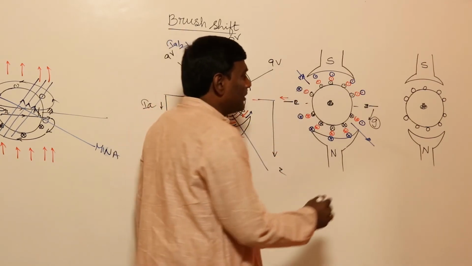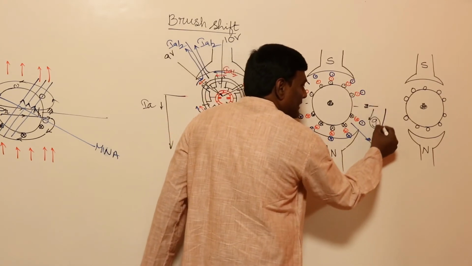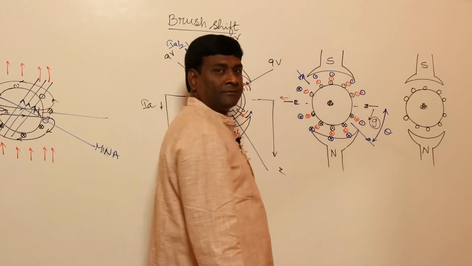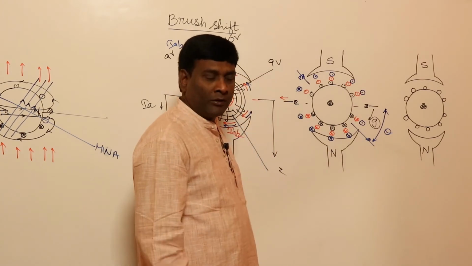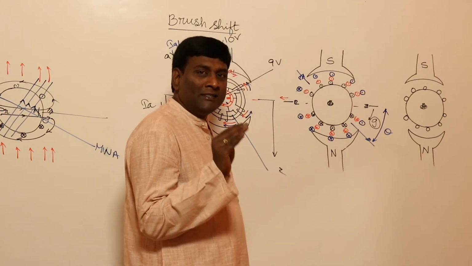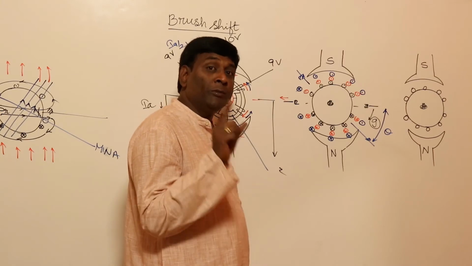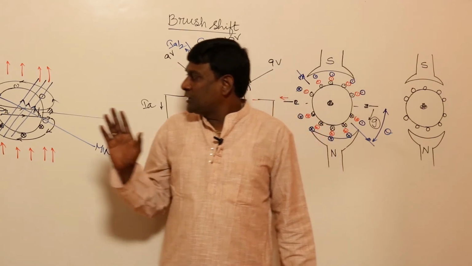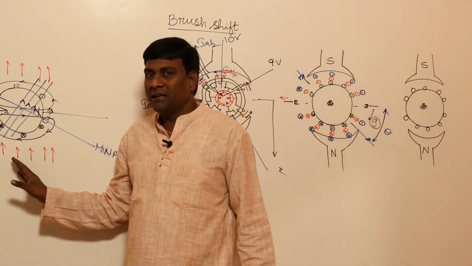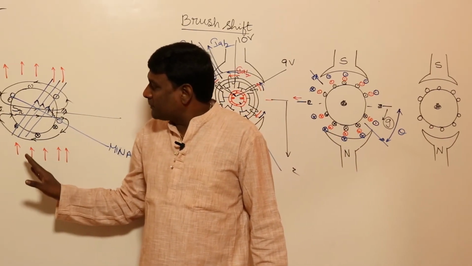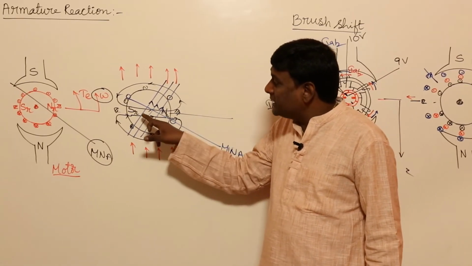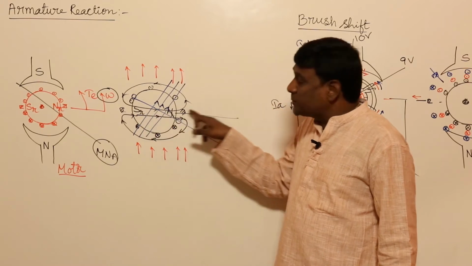If I shift my brush axis by theta degrees, then what will happen? Basically, the armature reaction of a DC machine is going to be only cross magnetizing. If you come back and see here, my armature flux is trying to cross magnetize.